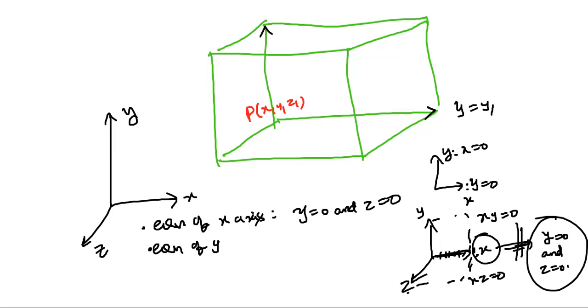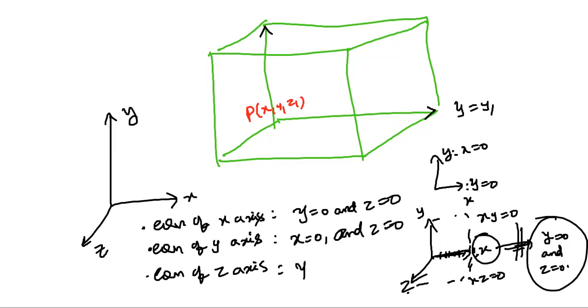Equation of y-axis: each axis line is the intersection of two planes. That means this itself is one plane. Y-axis: x equal to 0 and by symmetry z equal to 0. Similarly, equation of z-axis means y equal to 0 and x equal to 0. What if I write only one of these? That becomes a plane.